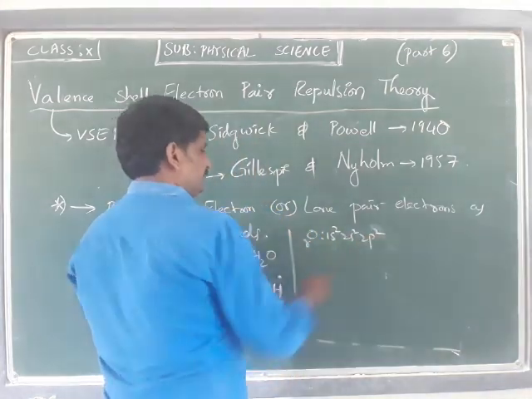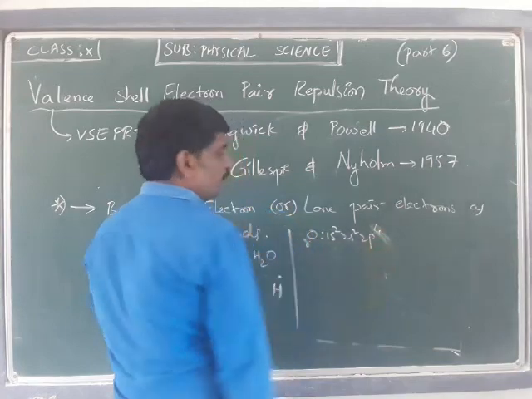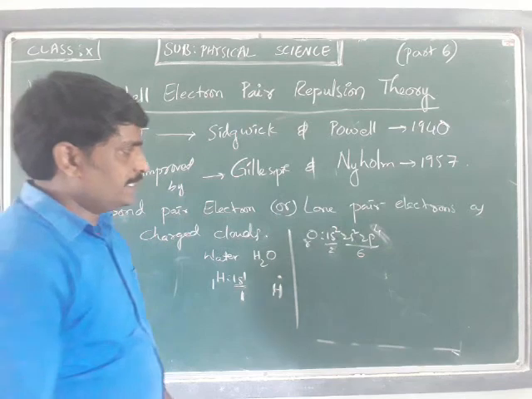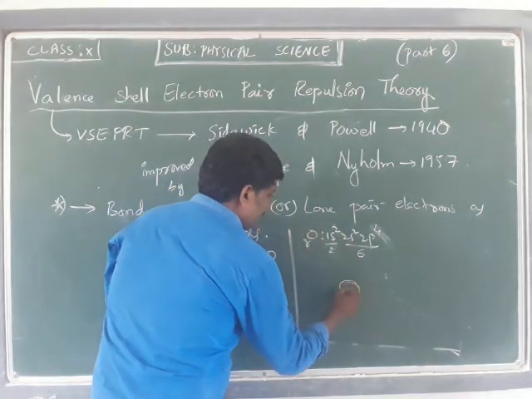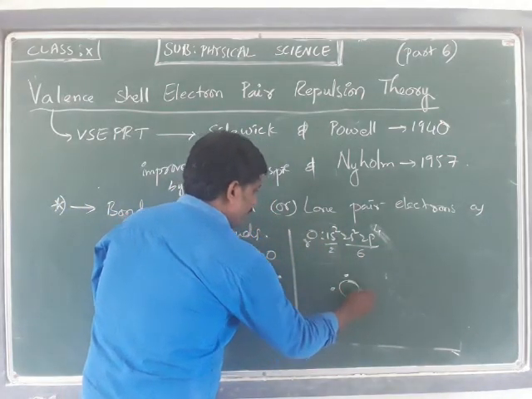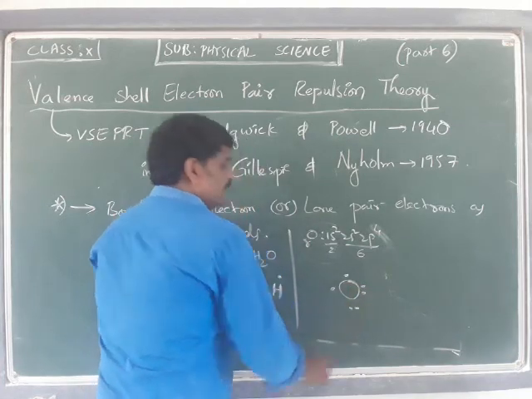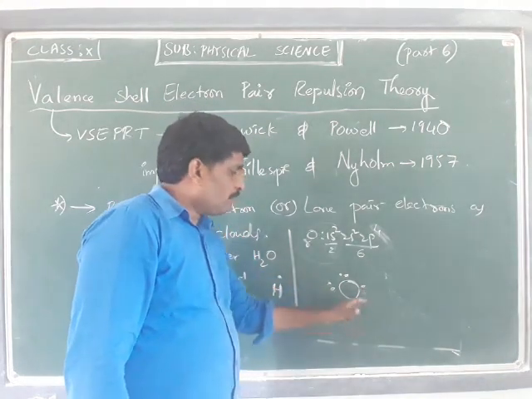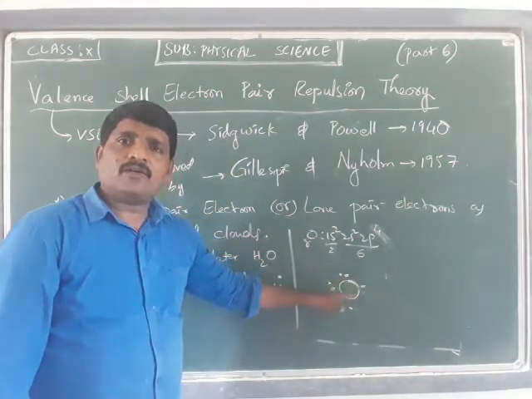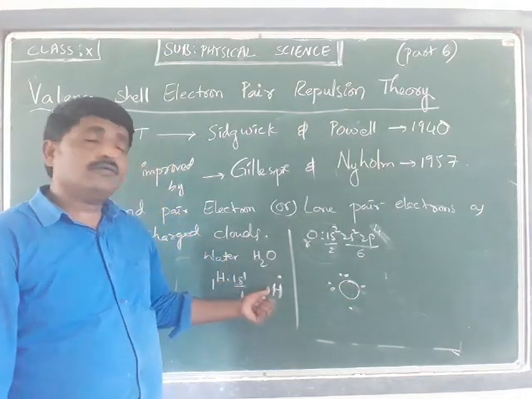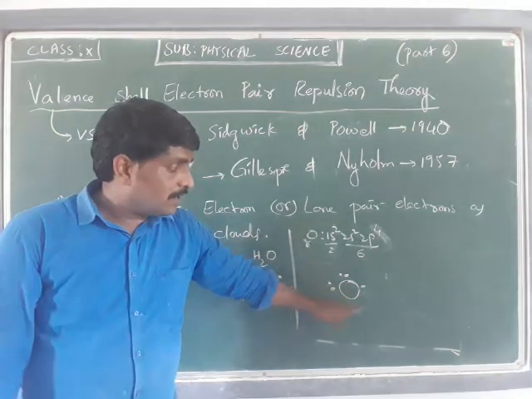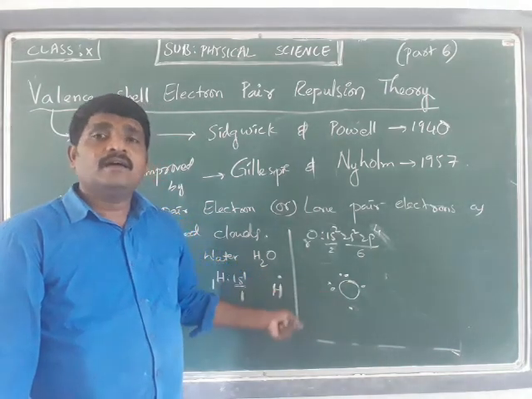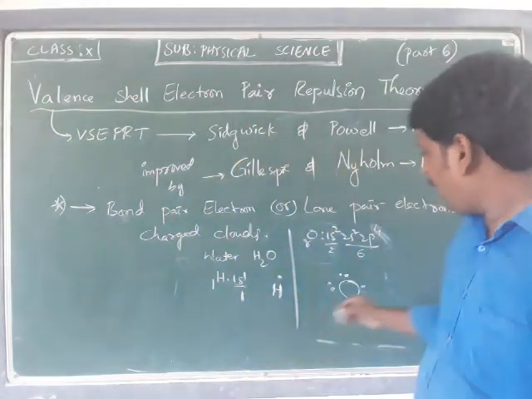For oxygen the configuration is 1s2, 2s2, 2p4, where there are 2 electrons in the first shell and 6 electrons in the next shell. So taking the kernel, there are 6 electrons, 1, 2, 3, 4 and 5, 6, where 2 unpaired electrons are necessary for the oxygen to form a bond with 2 hydrogens.